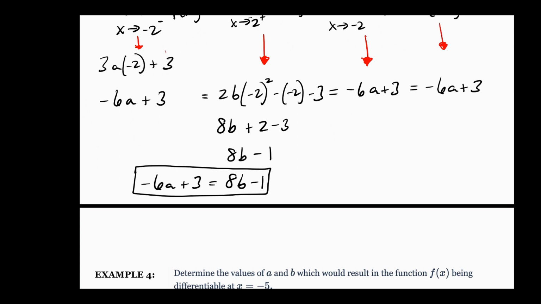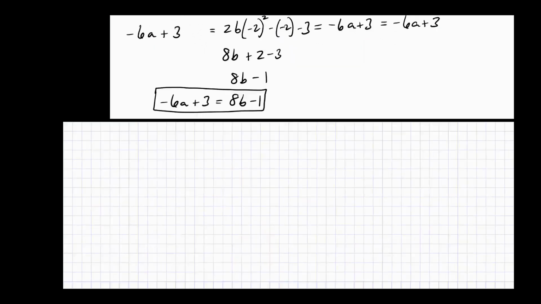Just give me one second to pull up my notes. When I check differentiability, I need derivatives. So I'm going to check differentiability now, and again I'm going to state what I'm doing.